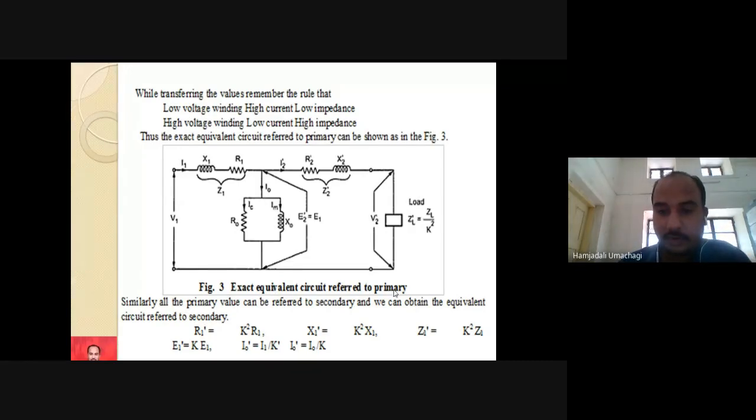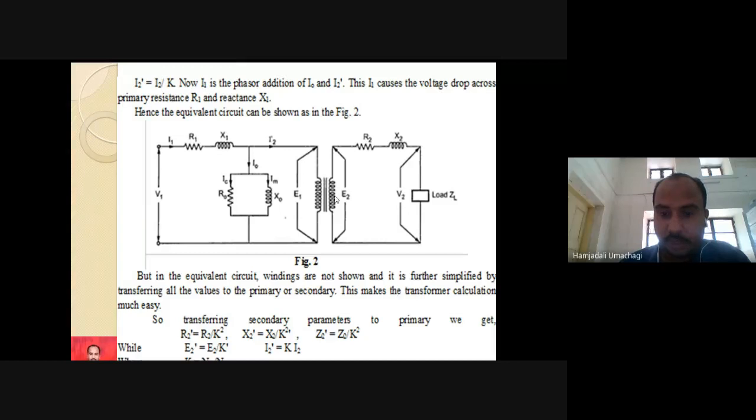Is it clear to all of you? This core part is absent here now. R2 will come on this side, X2 on this side, E2 on this side, V2 on this side, ZL on this side. Altogether they are characterized by the dash sign: R2 dash, X2 dash, E2 dash, V2 dash. When this E2 dash is transferred to primary, E1 will become equal to E2 dash.